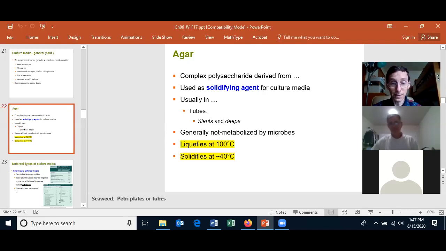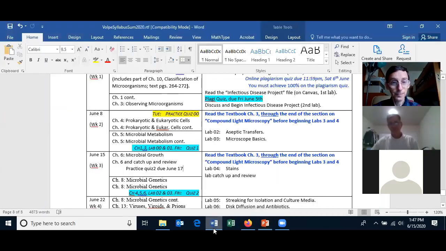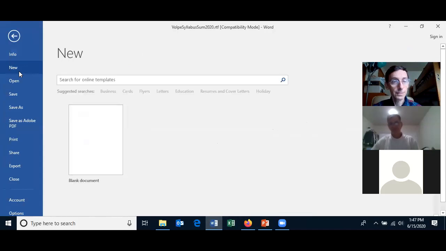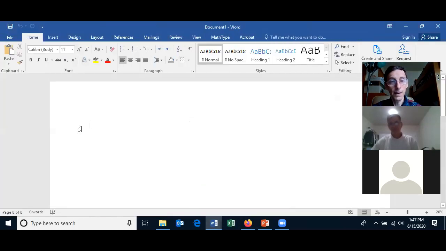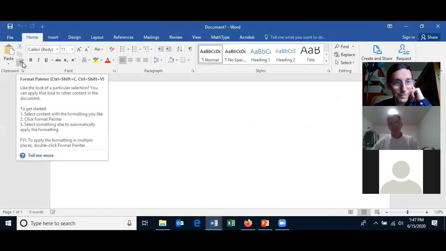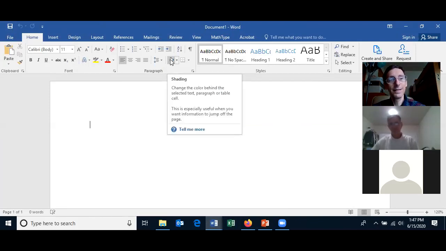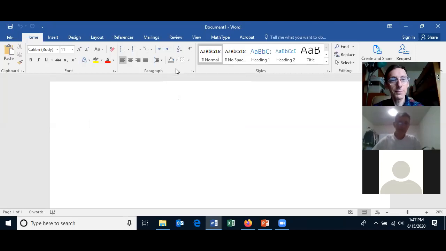Let me see if I can bring up something so I can show you. There's two types of tubes. There's a deep. You know, this won't be the best because I don't think I can draw in this. There is a way to draw in here, but I'm not sure how to do it.